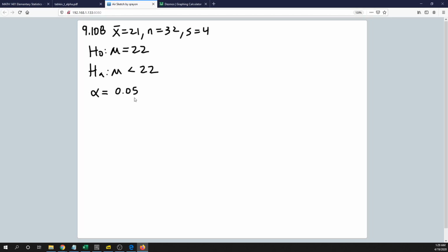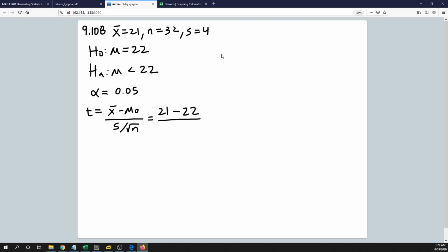Next up is to compute the value of the test statistic. It's x bar minus mu naught over s divided by square root n. In our case, x bar, the sample mean, is 21. Mu naught is the number that's in the null and alternative hypotheses, which is 22 in this problem.